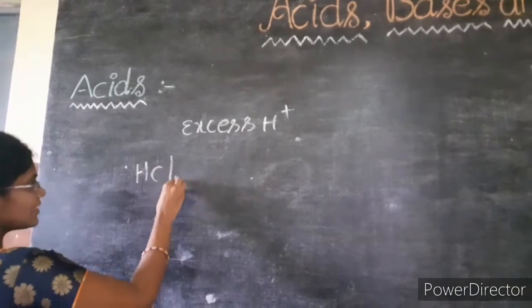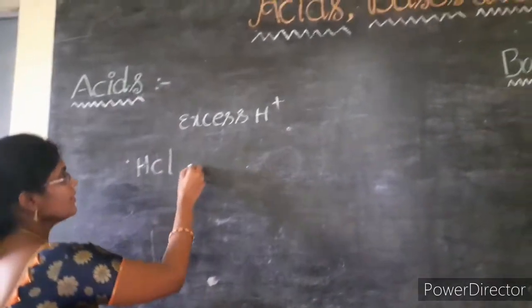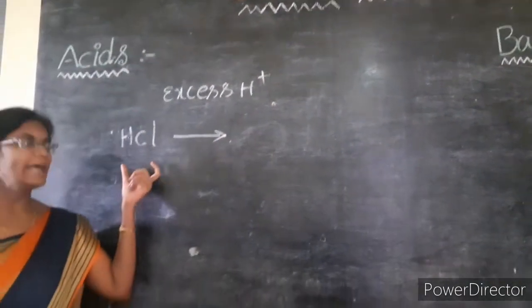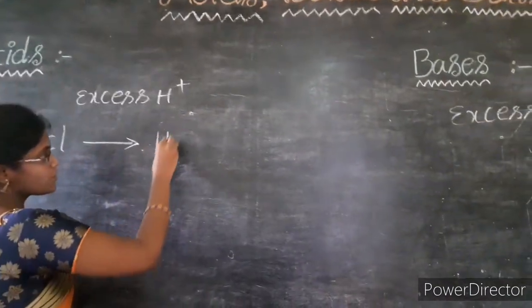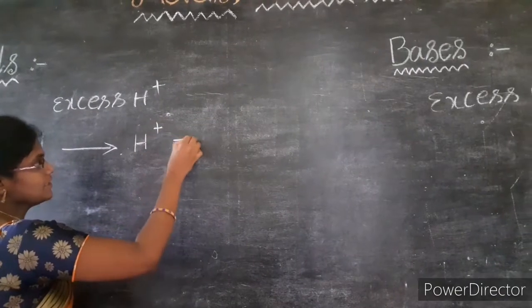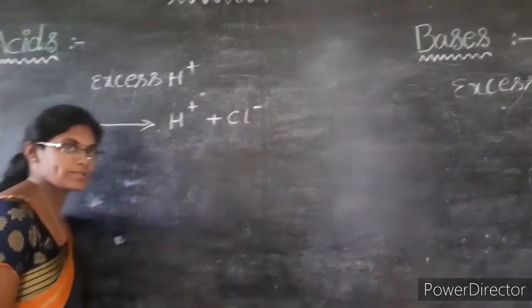For example, if you consider HCl, in HCl aqueous solution, HCl decomposes into H plus and Cl minus ions.